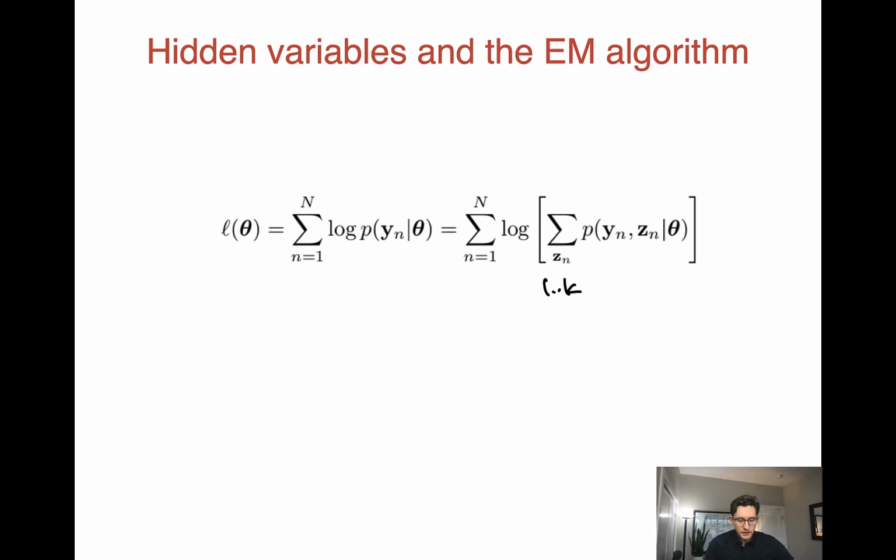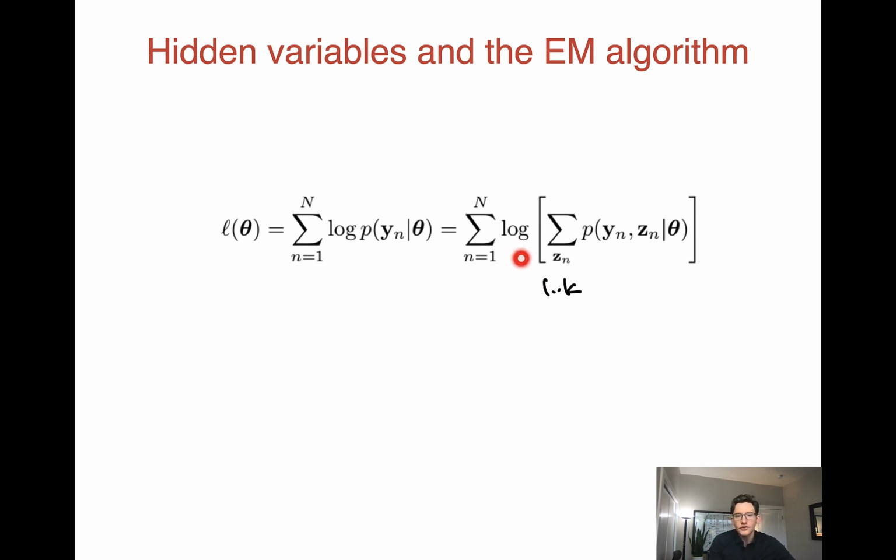Unfortunately, this is not going to work, because if we try to take the derivative of this thing, I encourage you to give it a try, it's going to turn into a giant mess. Notice that we have a log outside the sum here. Just think about it for a minute.